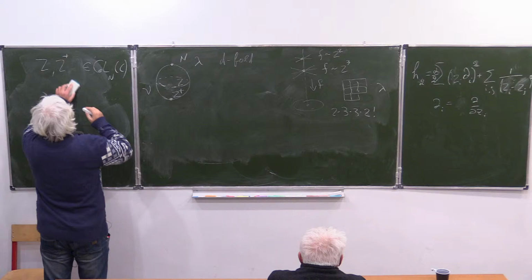A and B will be related to these corners of these one-gons.